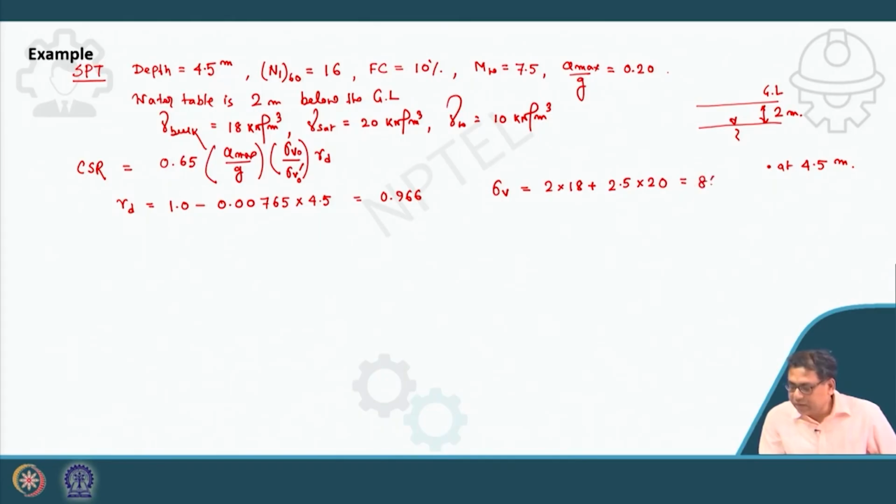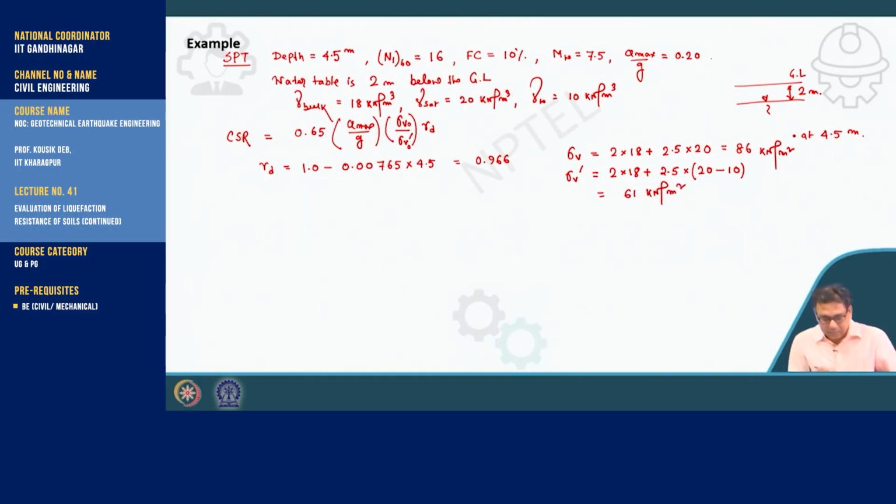So it will be 86 kilonewton per meter square. Similarly, sigma V dash effective will be 2 into 18 plus 2.5 into 20 minus 10. So it will be 61 kilonewton per meter square.